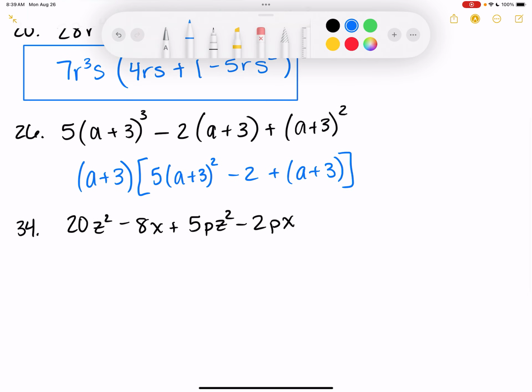So anytime we factor by grouping, we're grouping the first two terms and the last two terms, and I guess I should actually do this. This last two has that sign with it.